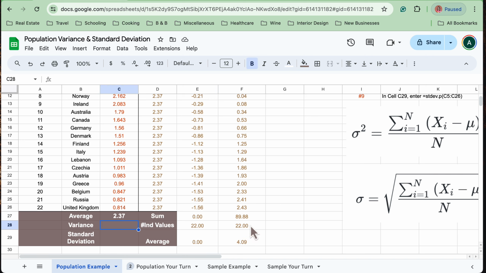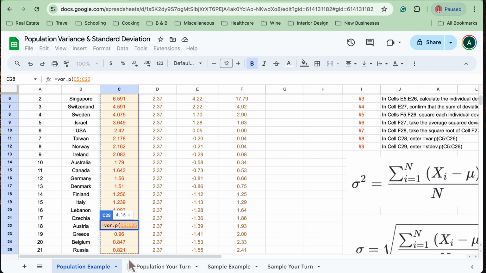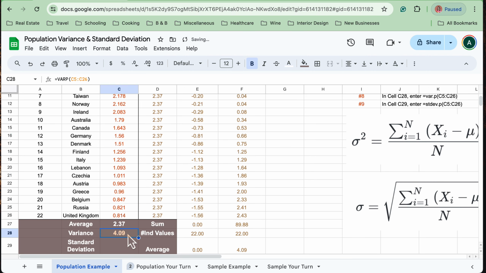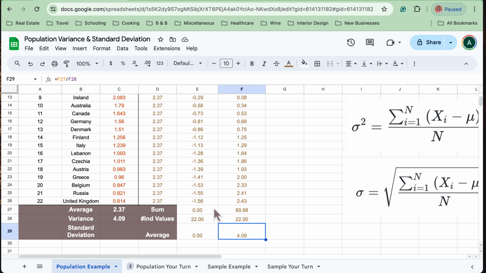And I want to show you one last thing before we check out, is there's a much faster way to do all this, and it's in Google Sheets. If I just put in equals VAR.P, that P stands for population variance, and all I do is highlight all these values of interest to me, I get 4.09, which is the same 4.09 that came about from me doing things the long way.